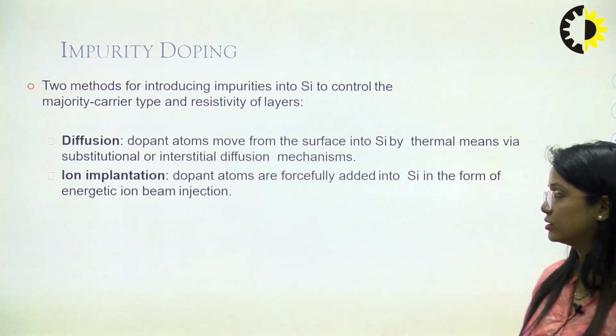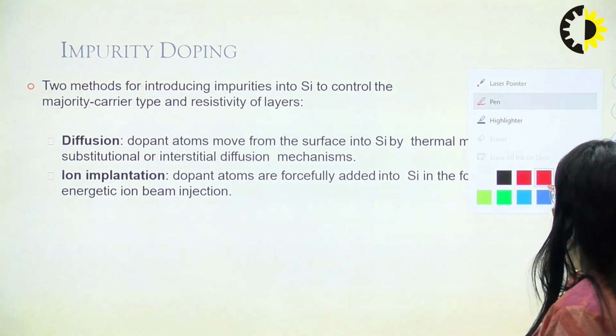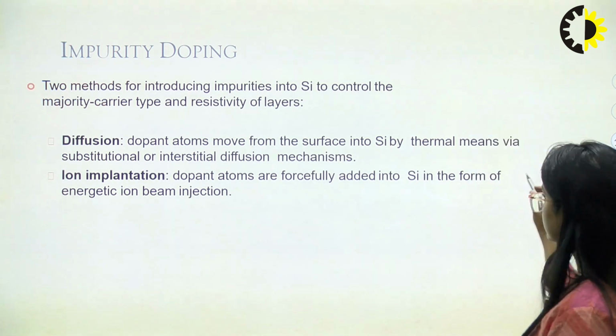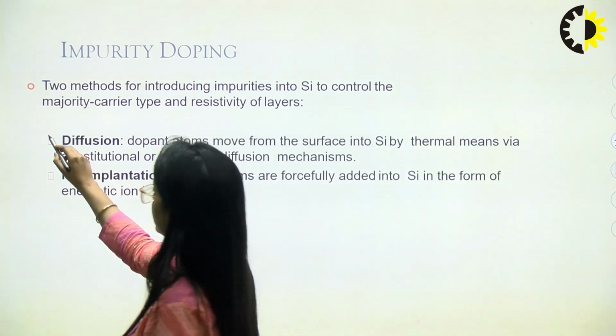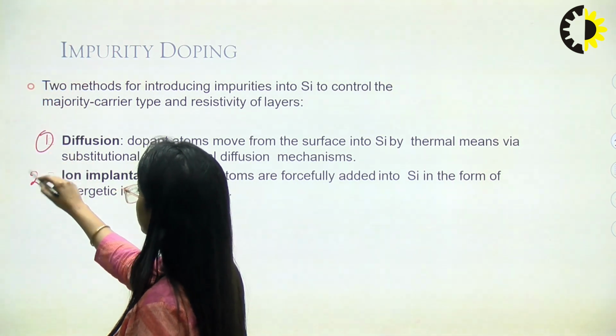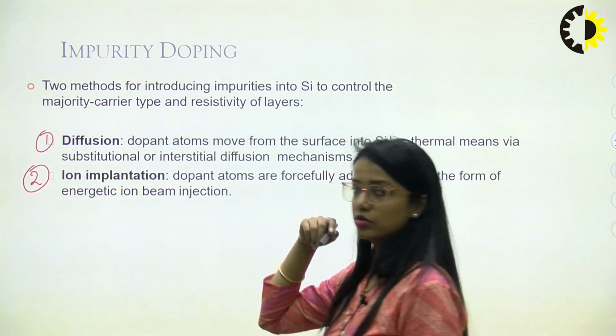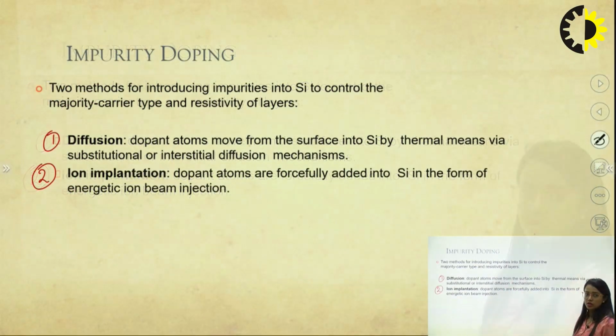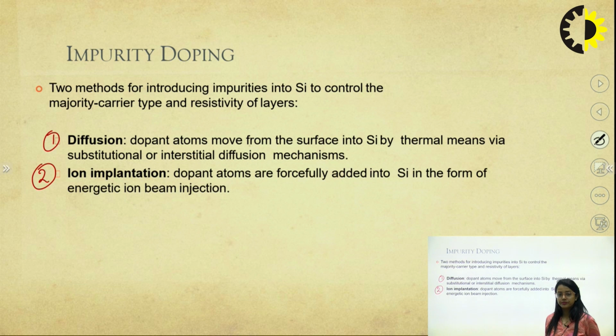These two methods are diffusion and ion implantation. In diffusion, dopant atoms move from the substrate into silicon by thermal means, that is via substitutional or interstitial diffusion mechanism.